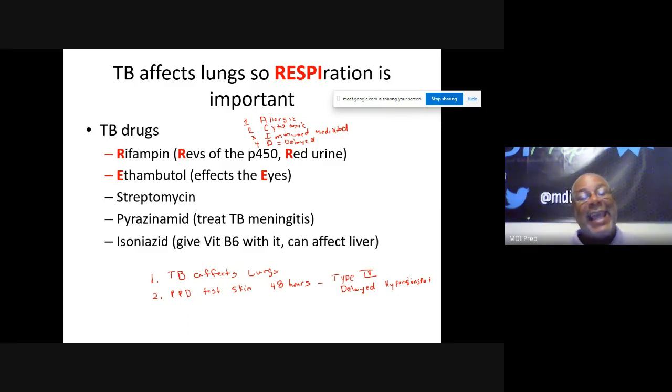That means it's a delayed hypersensitivity reaction, okay? Other types of reactions are, for instance, if somebody gets a transplant, it might be antibody mediated, due to antibodies and antigens. That would be immune mediated. But for this, just remember that TB is a delayed hypersensitivity reaction. You identify it with a PPD test, and it affects the lungs.